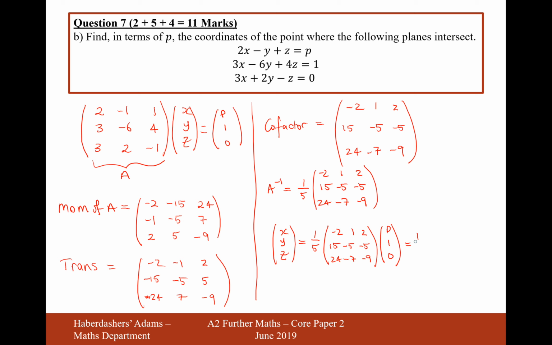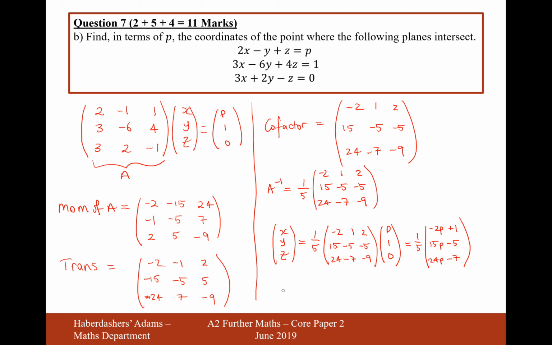So this is going to be 1/5, I'll leave the fifth at the front, of minus 2p plus 1. The next bit's going to be 15p minus 5, and the next bit's going to be 24p minus 7.